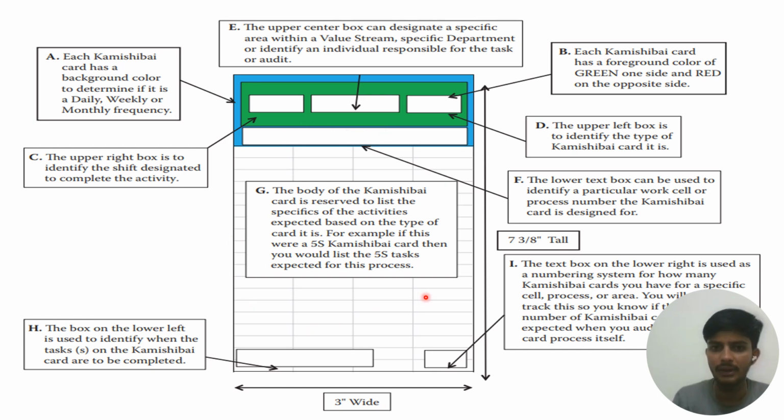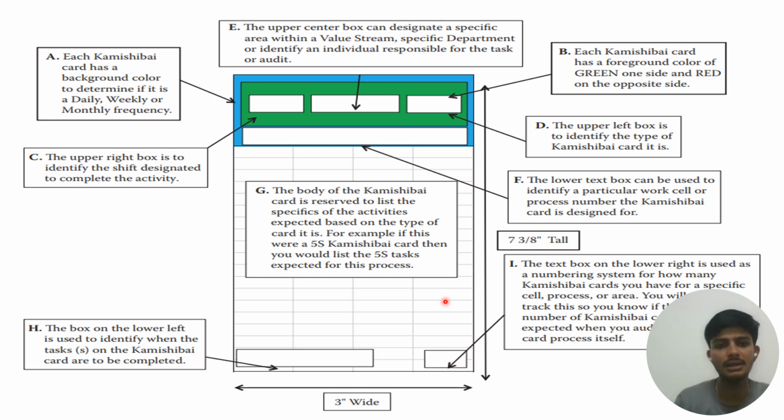Next, the main area is the body, where we have to write our tasks. For example, if this card is used for 5S, then you will have to write what things the operator has to check. If it is for an audit, then you will have to write what points the auditor has to evaluate.